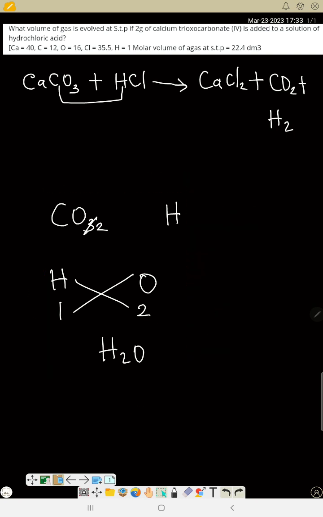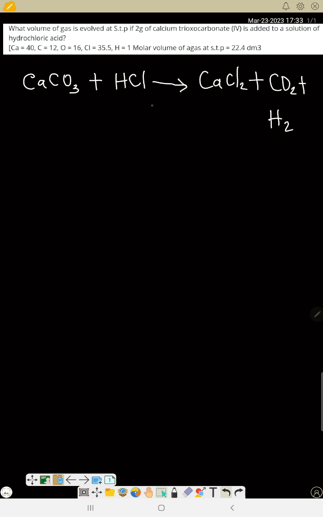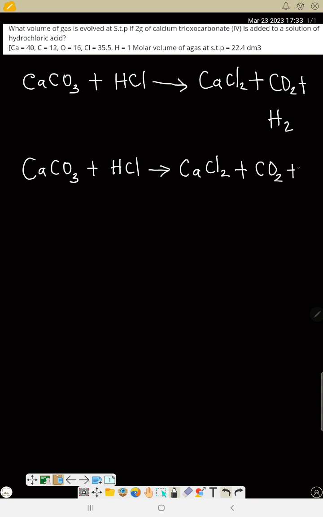So now let me combine everything together. We'll still balance the equation. So we have CaCO3 plus HCl to give CaCl2 plus CO2 plus H2O.